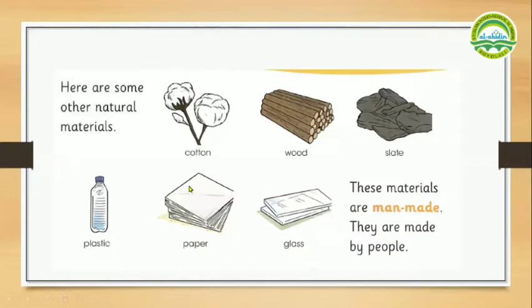So here are some other natural materials like cotton, wood, and slate, like a rock. These are all natural materials. And what are the man-made? Plastic, paper, and glass are all man-made materials because man creates these things.